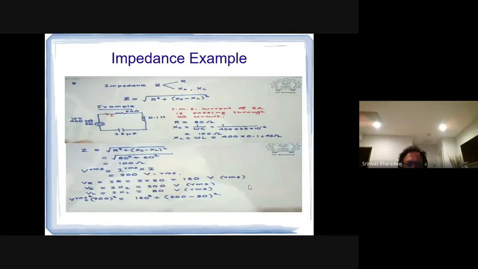So from that, you end up with 2 times R. R is 80, therefore 160 volts. VC, he has 2 times XC. XC, he calculated to be 100, and therefore he has these 3 values. Therefore, the VRMS square is this square plus that square.